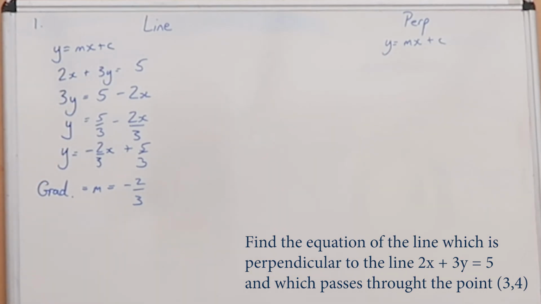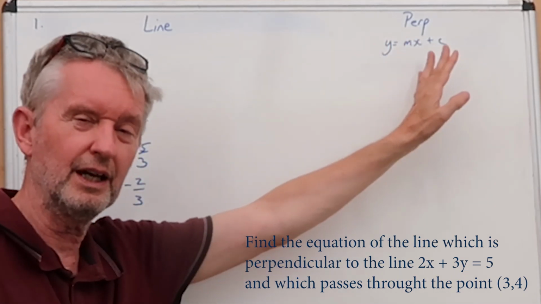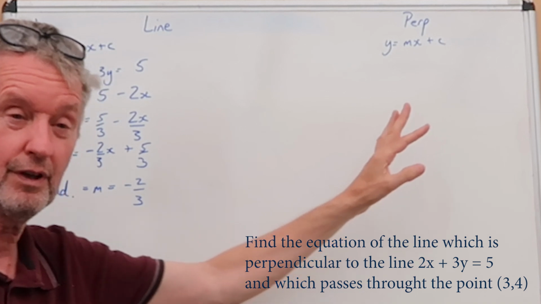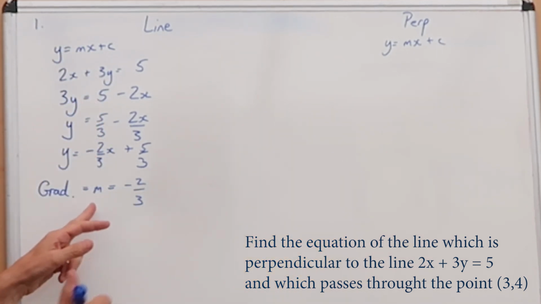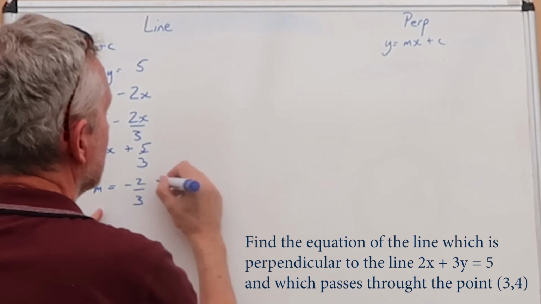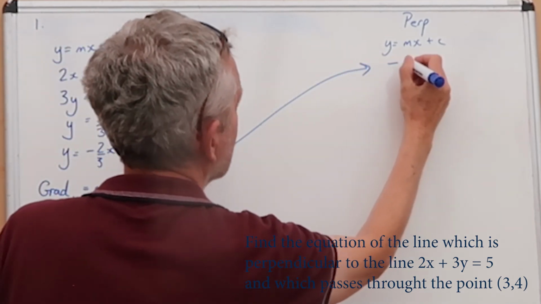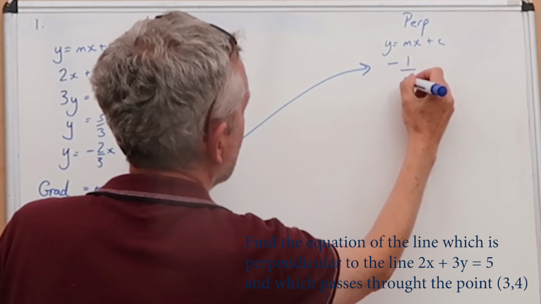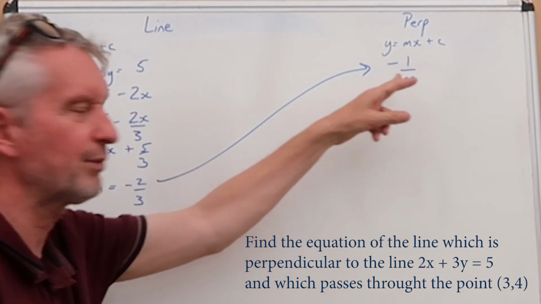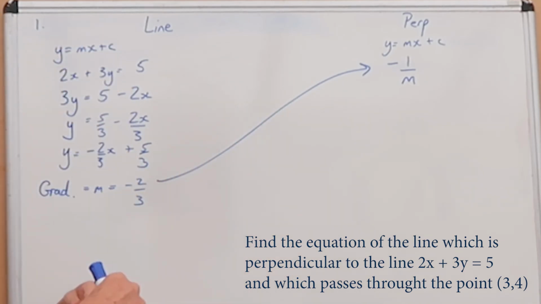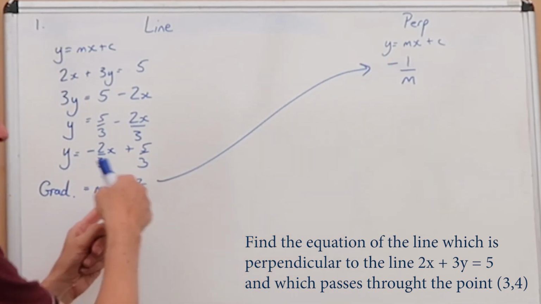Another thing you do need to know is that the gradient of a perpendicular line is the negative of the reciprocal of the line's gradient. In other words, it's going to be minus 1 over m. If you do the reciprocal, that means you turn it upside down, and then you change the sign.